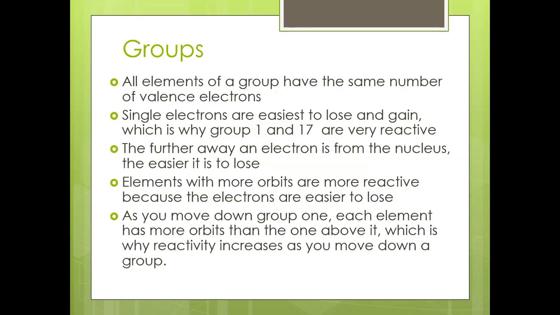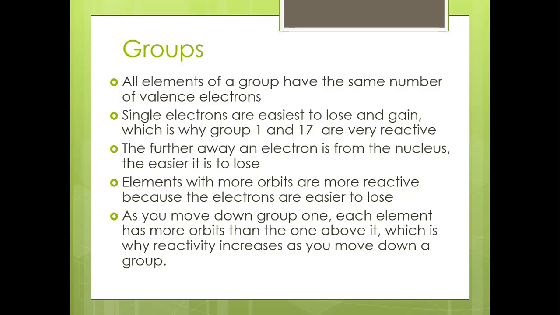So all the elements of the groups have the same number of valence electrons. Single electrons, so electrons that are not in a pair, are the easiest to lose and gain. This is what makes groups 1 and 17 so reactive. Also, the further away an electron is from the nucleus, the easier it is to lose.